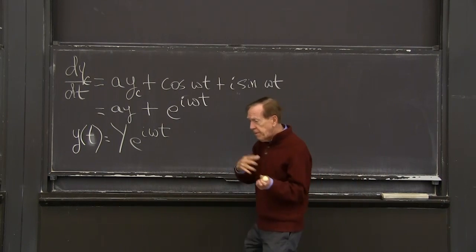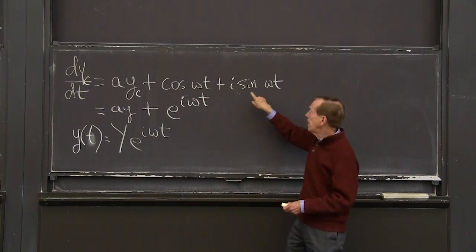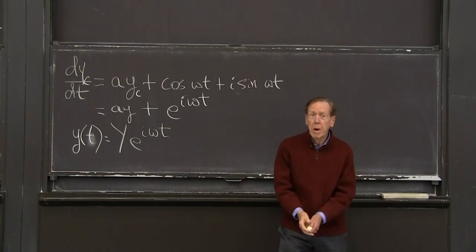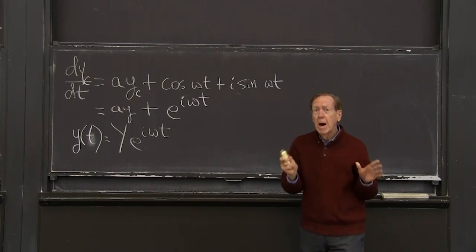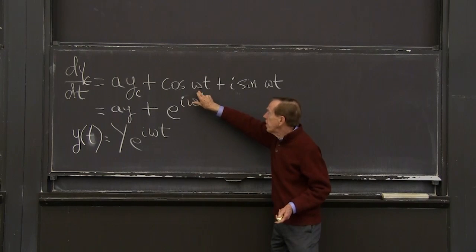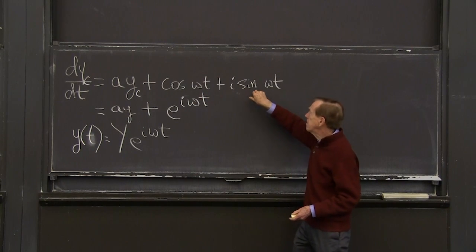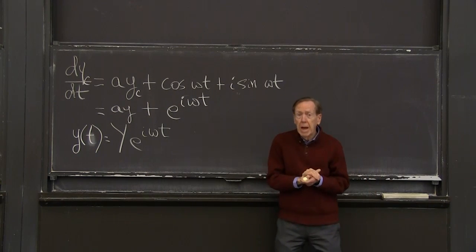The previous lecture solved it with the cosine, and now we're going to solve it with that combination, and you may wonder why. The reason is that Euler left behind a fantastic formula: the cosine plus i times the sine of an angle equals the exponential of the angle, e to the i omega t.